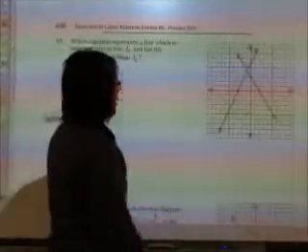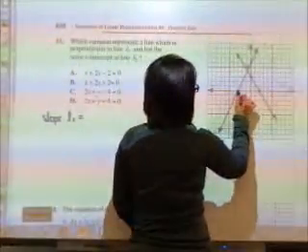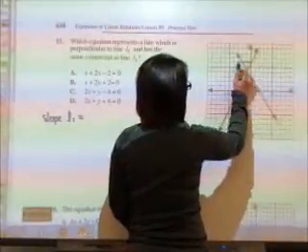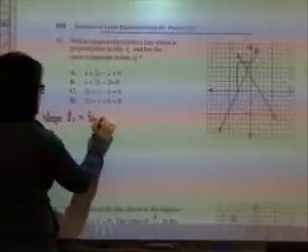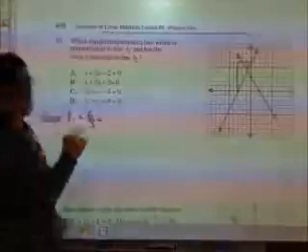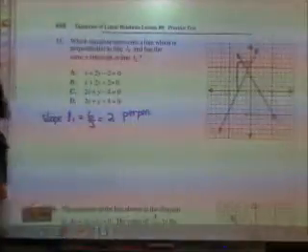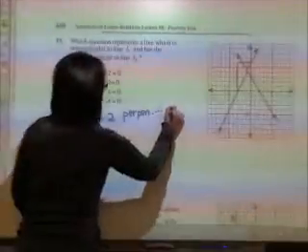The slope of L1 is this graph right here. So if I think of rise over run, the rise is 6, the run is 3, which means the slope would be 2. So then what would my perpendicular slope be? Negative 1/2.